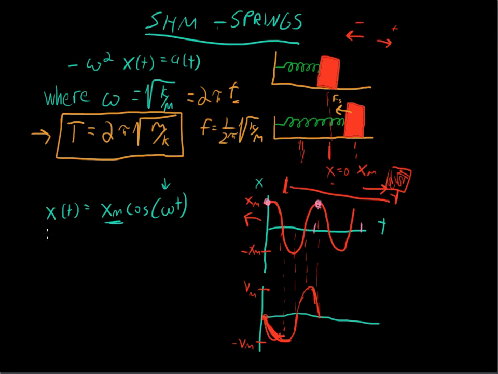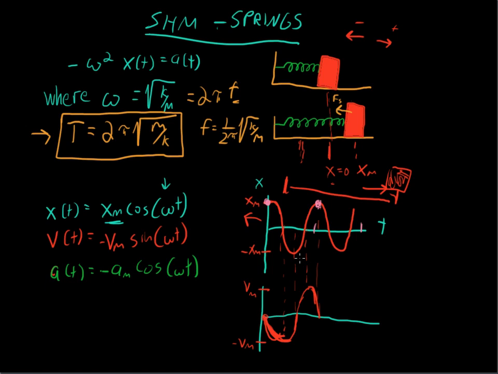And I'm just going to construct the velocity formula here. We could do this as negative Vmax sine of omega t. And the last one that I'll show you is the acceleration function, which is equal to the opposite of A max cosine of omega t.